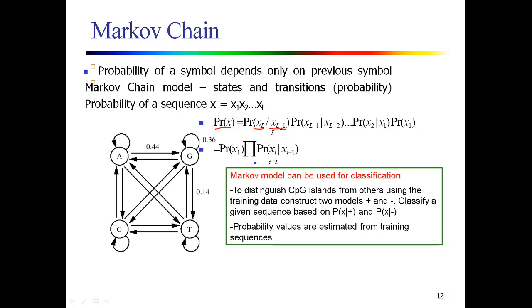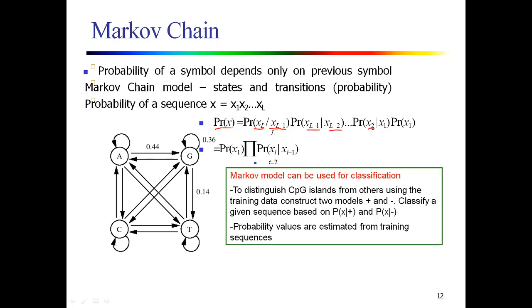Every time, the probability of xl only depends upon the previous value, xl minus 1. Whenever you take a sequence probability, it only depends upon the previous probability. So xl depends on xl minus 1, where xl minus 1 only depends on xl minus 2.